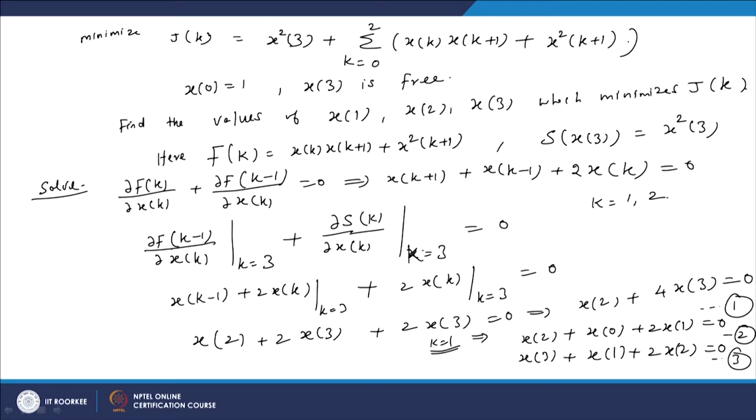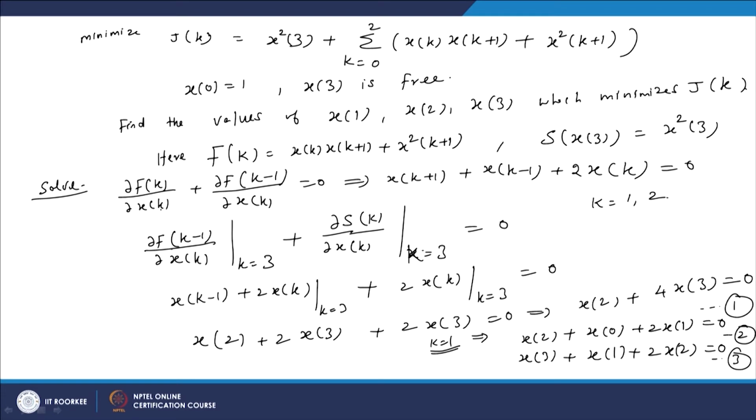Here we note that this function x of k is a real valued function, but it can be a vector valued function also. The x of 1, x of 2, all these may be vectors. In that case, the derivatives will be with respect to the components.